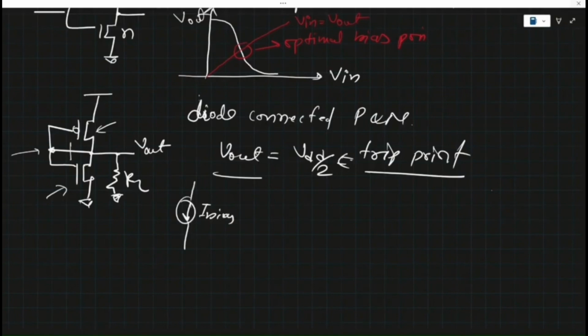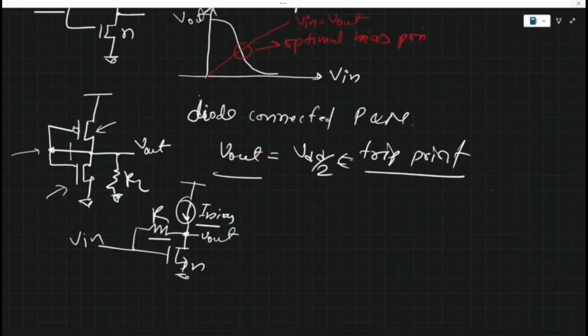Let's say this is I bias for my NMOS, and here this is V input. This is a resistive feedback biasing, right? Instead of shorting V input and V output directly, we have connected these two terminals through a resistance. So we have isolated V input and V output, as there is no current flowing from drain to gate, right?